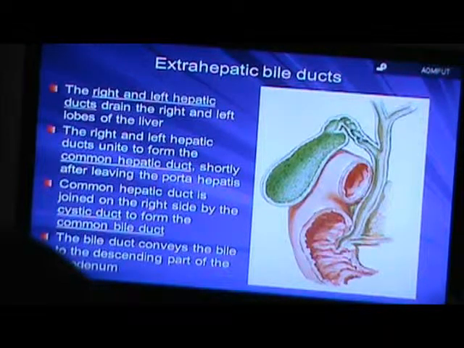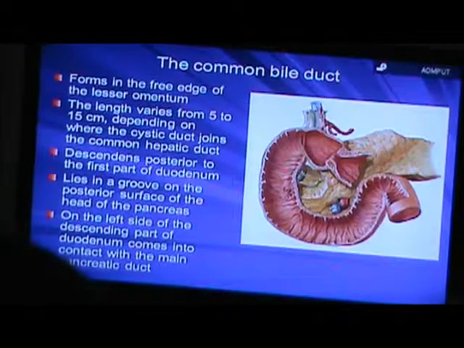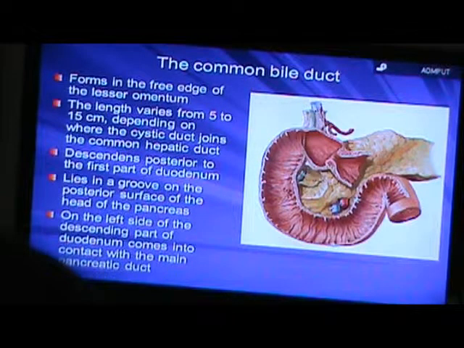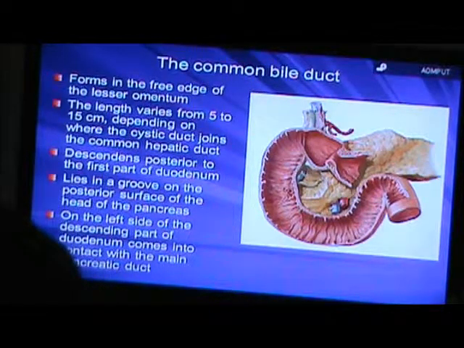The common bile duct forms in the free edge of the lesser omentum, so it passes in the hepatoduodenal ligament. Its length varies from 5 to 15 centimeters, depending on where the cystic duct joins the common hepatic duct.